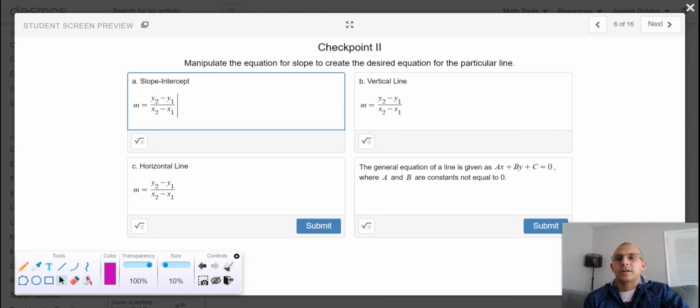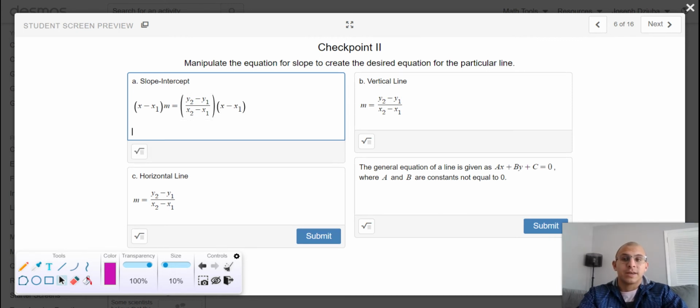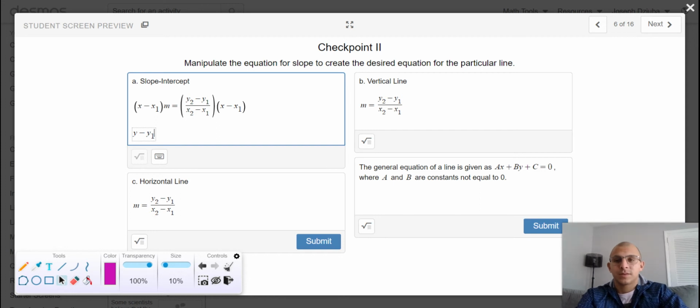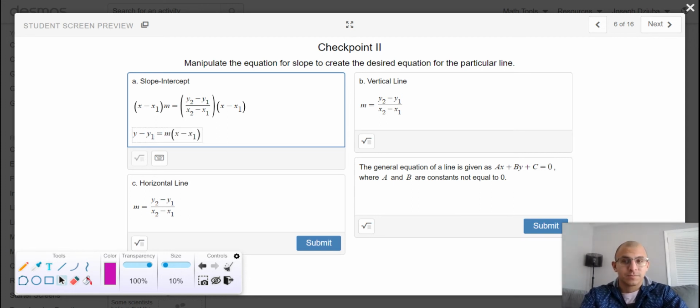Right, so going back to my original point, how can we rewrite the formula for slope in slope-intercept form? We would obviously follow the same pattern that we did before. Multiply both sides of the equation by the denominator. That way it is removed. And we're left with y minus y sub 1 equals m times the quantity x minus x1.